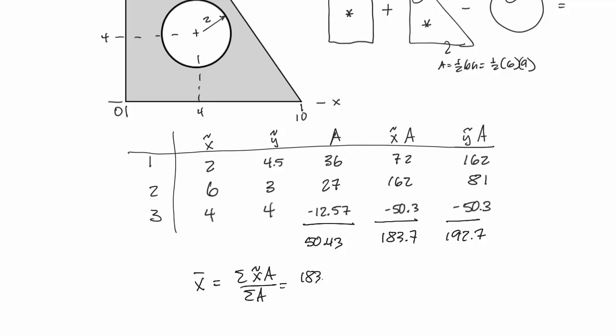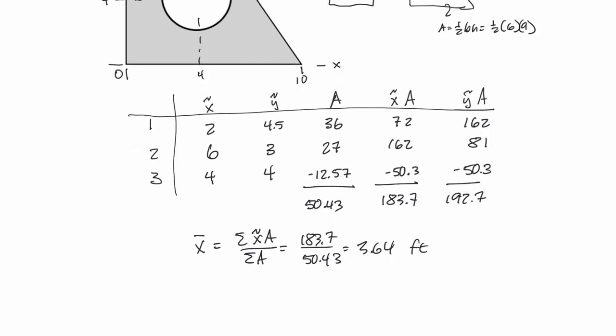So that'd be 183.7 over 50.43. That's going to be equal to 3.64. And I guess I was calling this feet in the x direction. Y bar, sum of y tilde area over the sum of the areas.